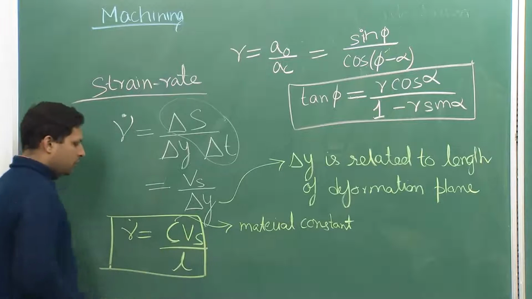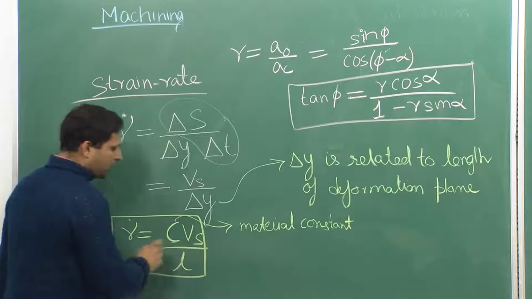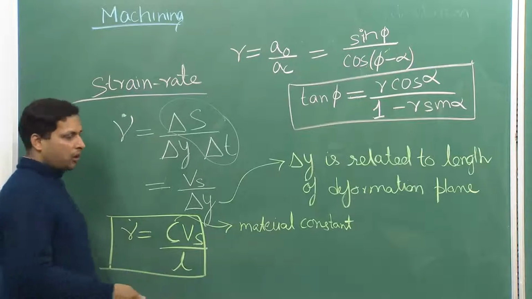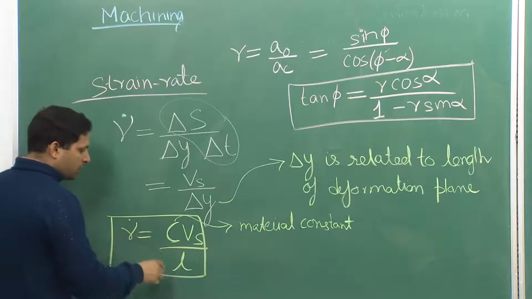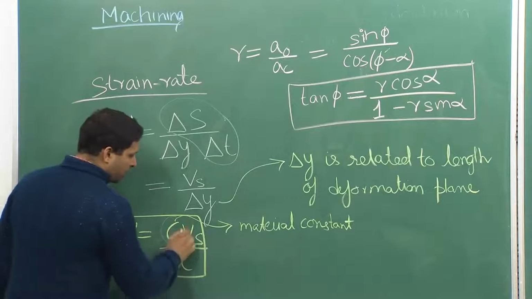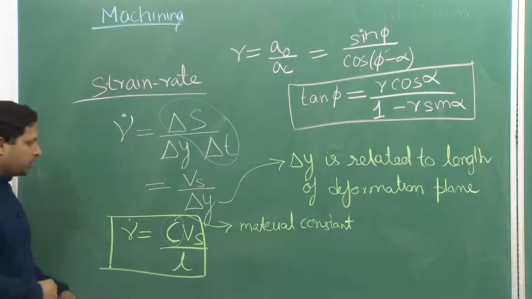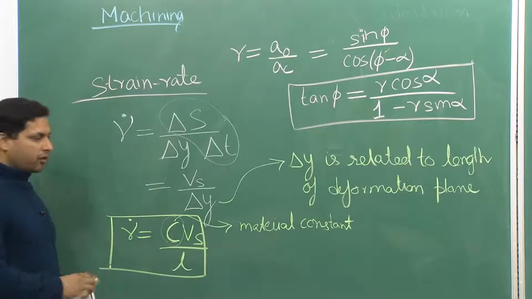But now you have a formal relation for strain rate, it is C times Vs over L. So, if you know the shear velocity, which you can get from your geometry and the velocity of the workpiece, and the L, which again you can get from geometry, and C, which is a material dependent parameter that will not change as long as the material is the same, you will be able to calculate this gamma dot, which is the strain rate.